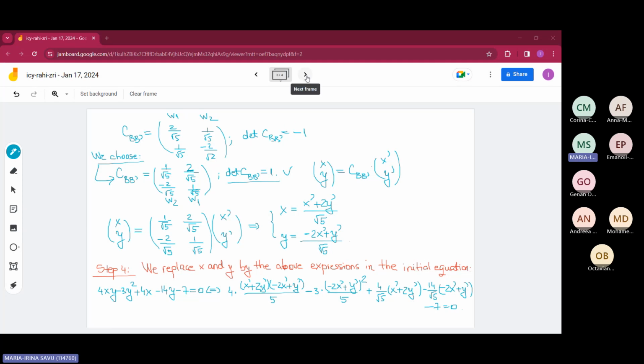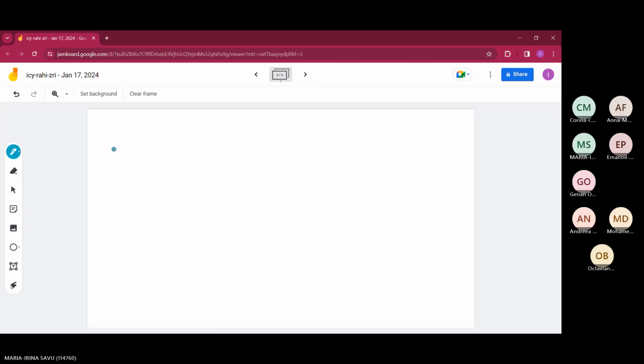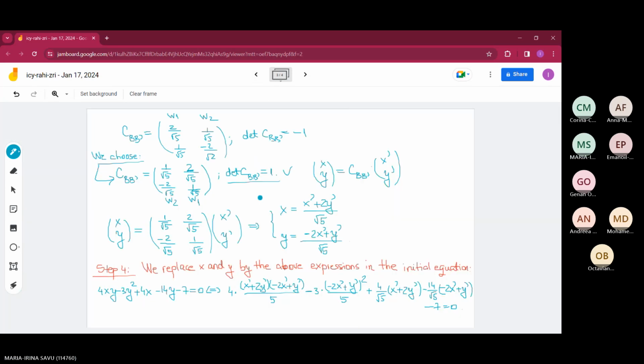So you have something over 5. And you get from here minus 2x prime squared, with a 4 is minus 8x prime squared.